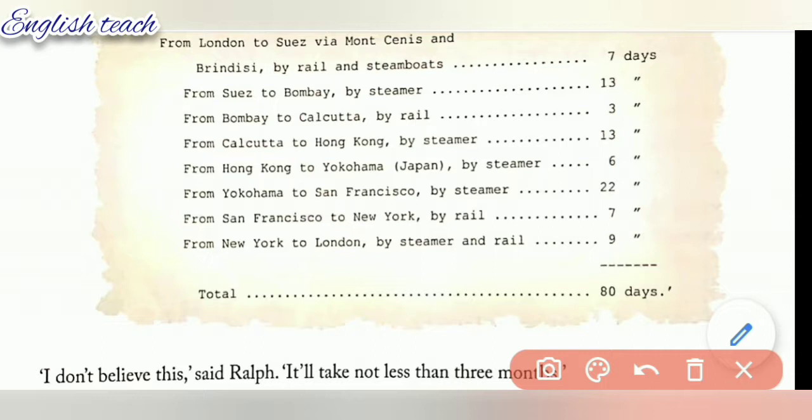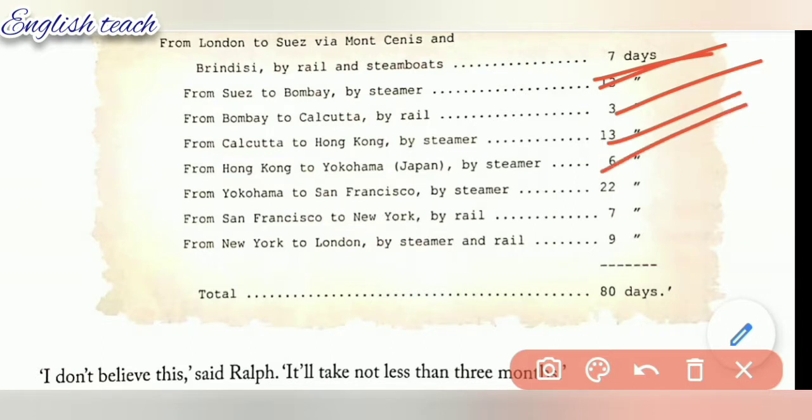For example, Brindisi by rail and steamboat 7 days, from Suez to Bombay by steamer 13 days, from Bombay to Calcutta by rail 3 days, from Calcutta to Hong Kong by steamer 13 days, from Hong Kong to Yokohama, Japan by steamer 6 days, from Yokohama to San Francisco by steamer 22 days, from San Francisco to New York by rail 7 days, from New York to London by steamer and rail 9 days.